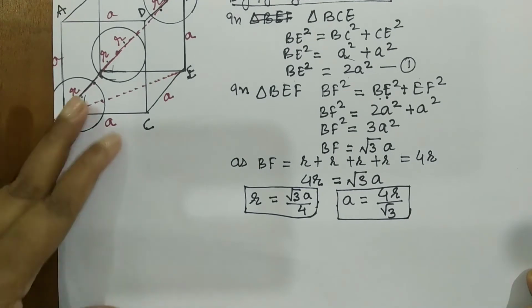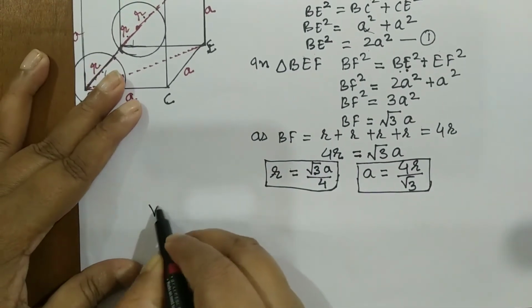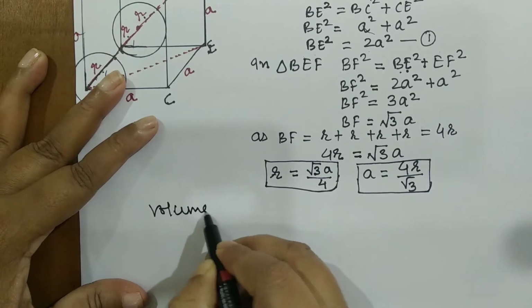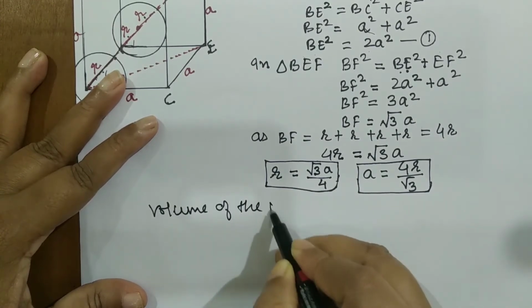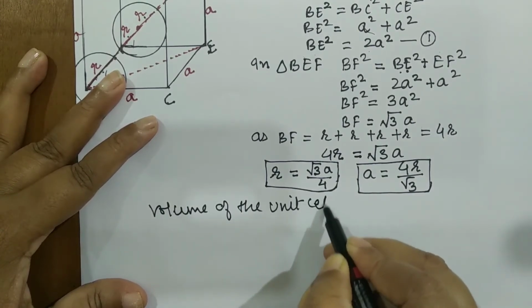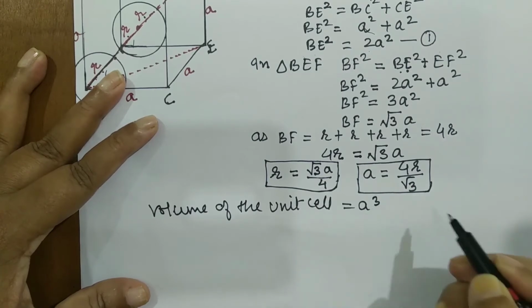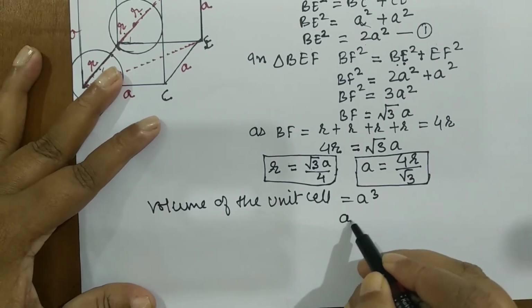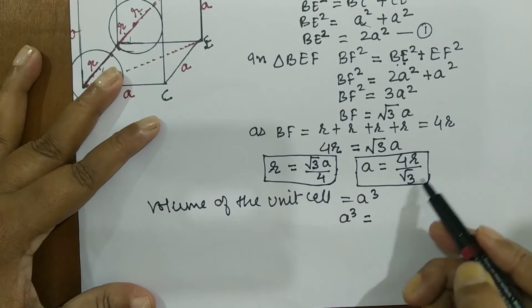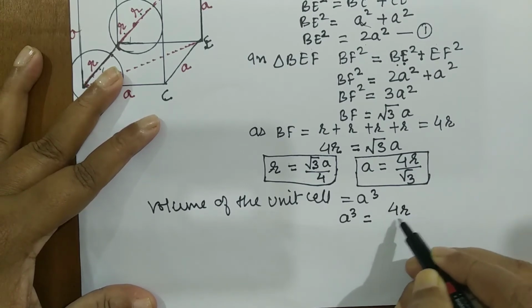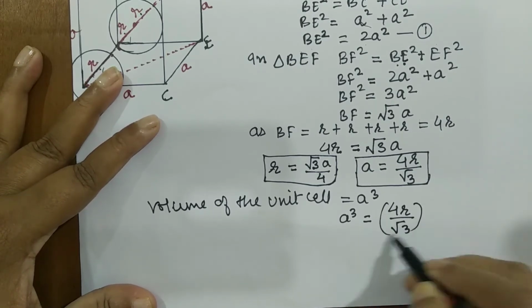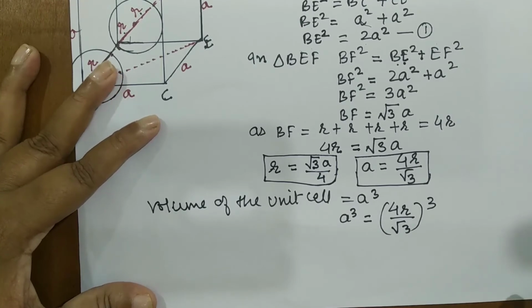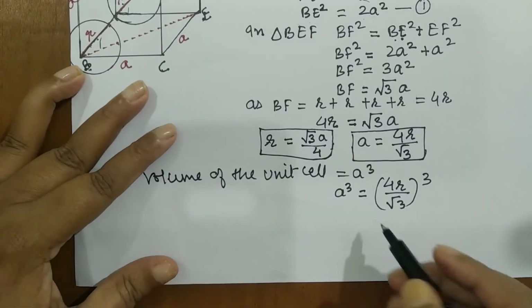Now let us move on to the volume. So volume of the unit cell is equal to A cube, and therefore A cube is equal to, now this I will substitute, so 4r upon root 3, it will become cube. So let us solve this. 4 cube is 64.